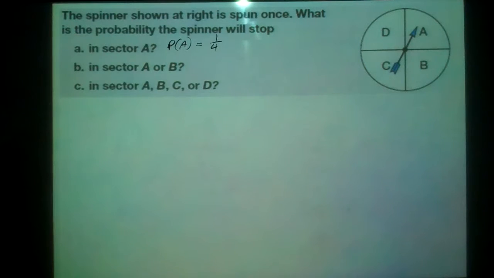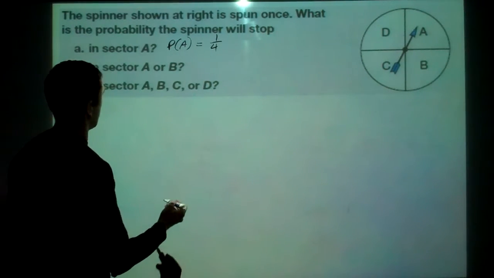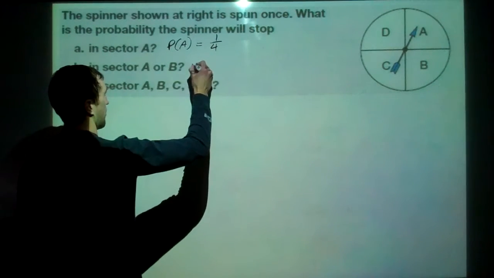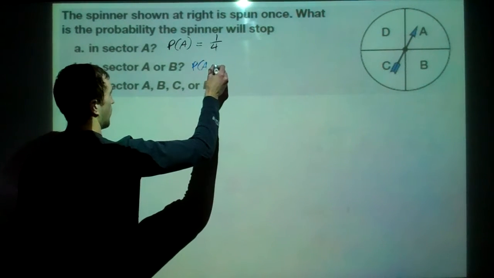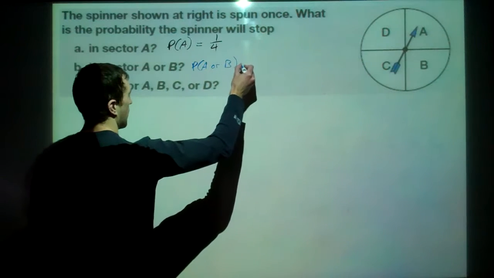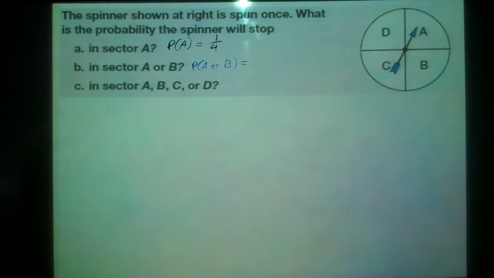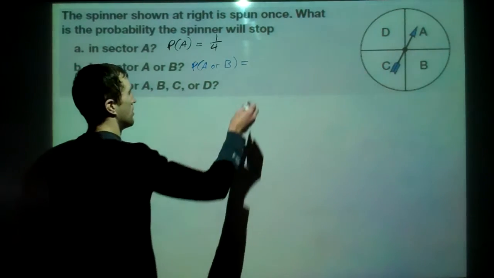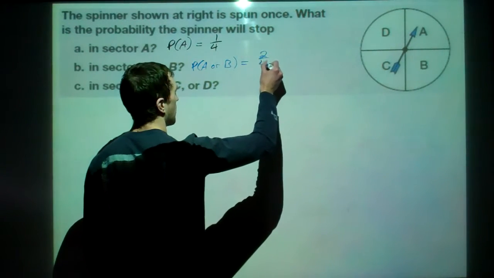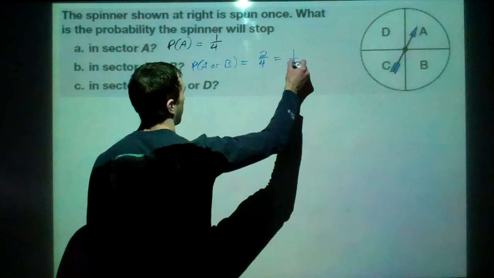Letter B says, what's the probability of landing in sector A or B? So probability A or B equals what? Well, A or B, that's 2 of our sectors, and that's 2 of the 4. So that would be 2/4 or 1/2.